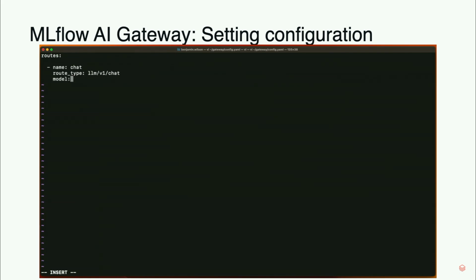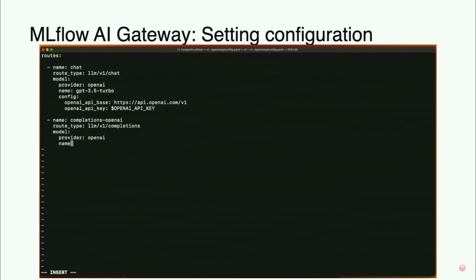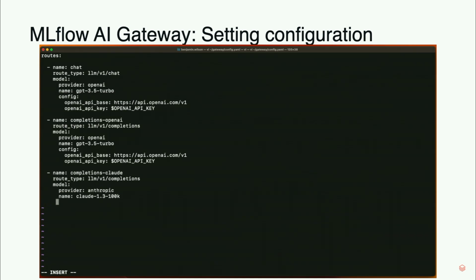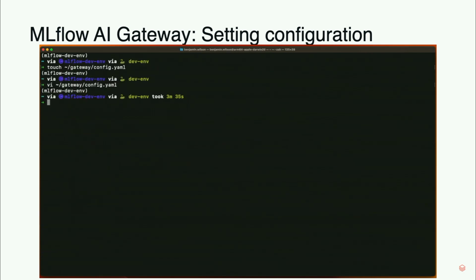I'm creating 3 different routes, one of which is GPT 3.5 Turbo, which is an OpenAI provider, and that's going to be the chat endpoint. And notice here this API key, we're referring to an environment variable. So keys are never leaked. They're set on that VM where the gateway is running. You don't have to share it with users. They can hit this gateway and get authentication that way.